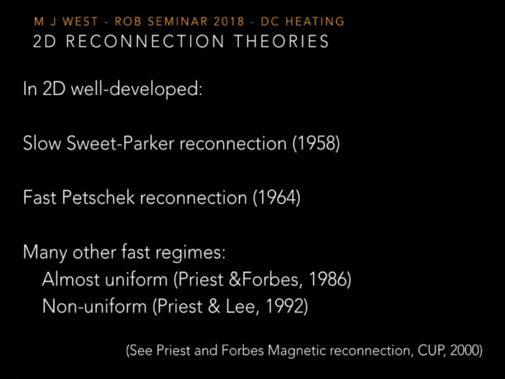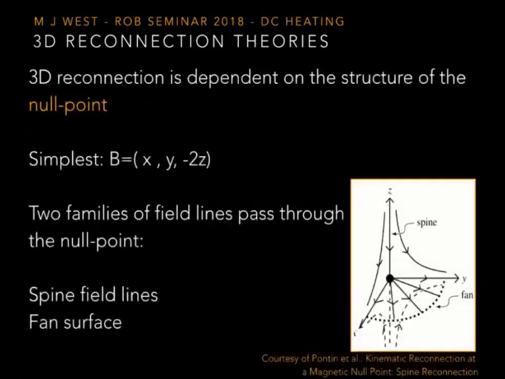But the 2D models only cover a small part of magnetic reconnection, and the solar atmosphere is a 3D structure. In recent years, we've got the computing power to start building 3D reconnection simulations. There are many of them out there.